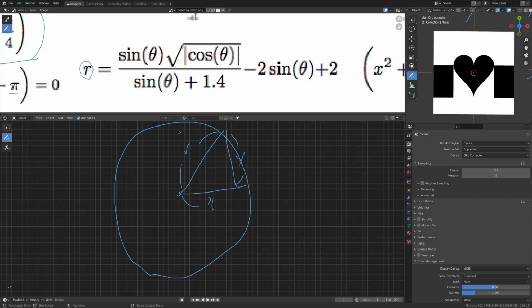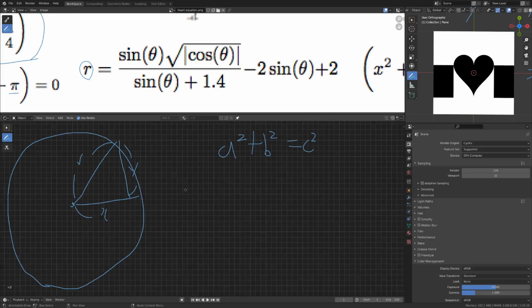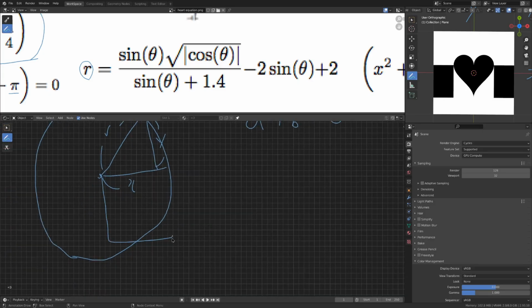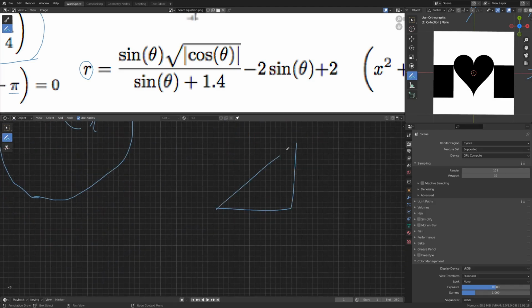To calculate our radius, what can we do? You just need to remind yourself what you learned at school. Trigonometry is basically, we learned that a squared plus b squared equals c squared, right? Let's imagine we have a scale here. We can draw it again.